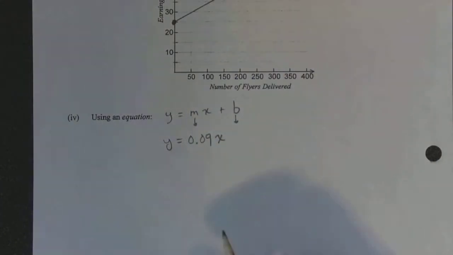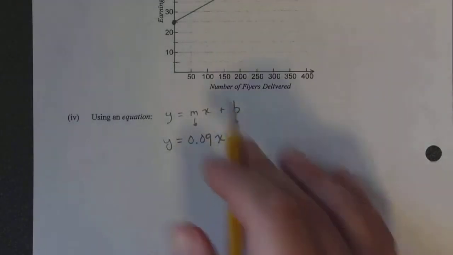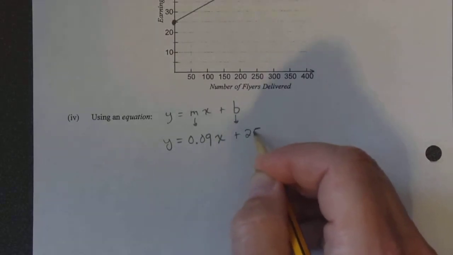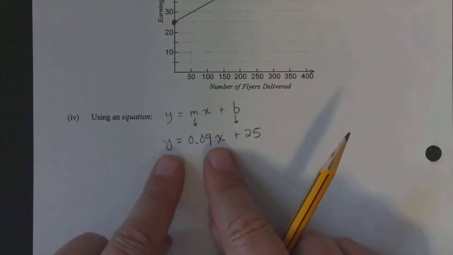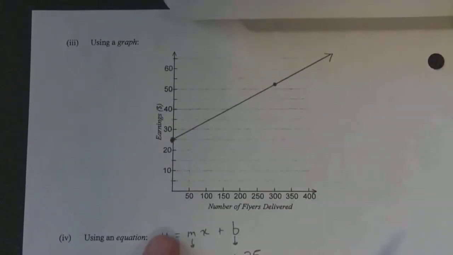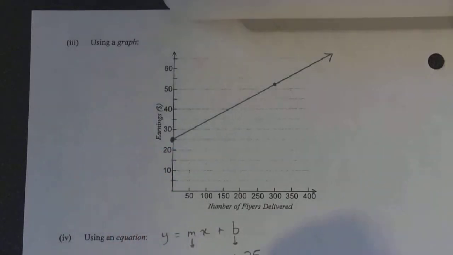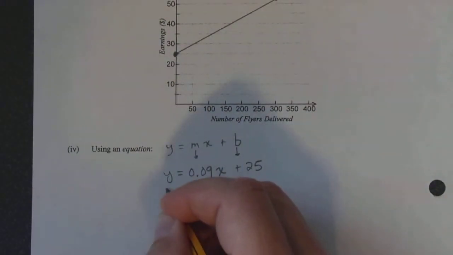So our slope was 0.09 with the x variable. Okay, and I'm going to change this, but let's write it like this for now. And then our y-intercept was positive 25. Now the reason why I'm going to change it is I don't want you to use y and x because this is a word problem. So if you look at your graph, this y actually is earnings.